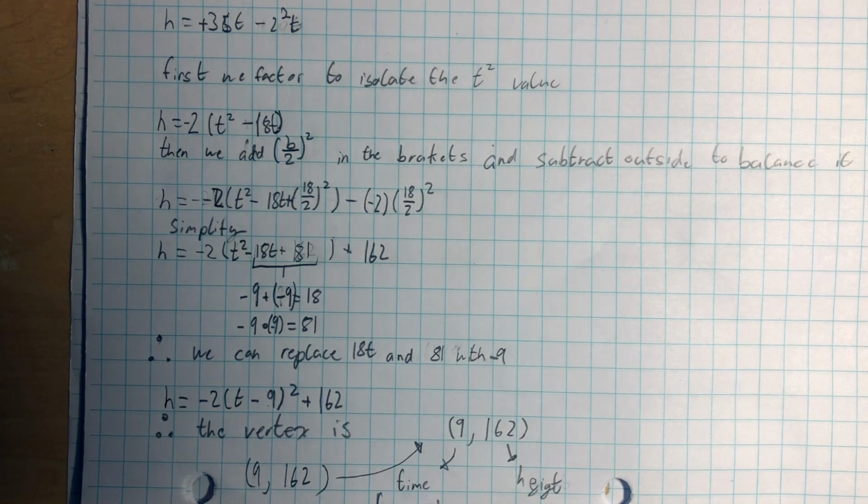To put a standard form equation into vertex form, we factor to isolate the t squared term, so we factor out negative 2. Then we add (b over 2) to the power of 2 inside the brackets and subtract outside to balance it.